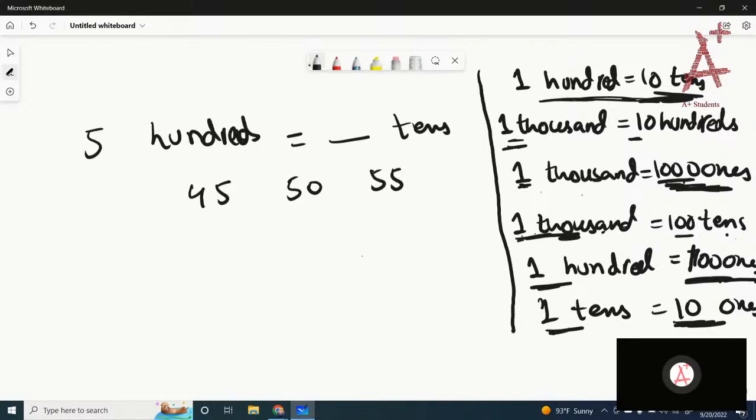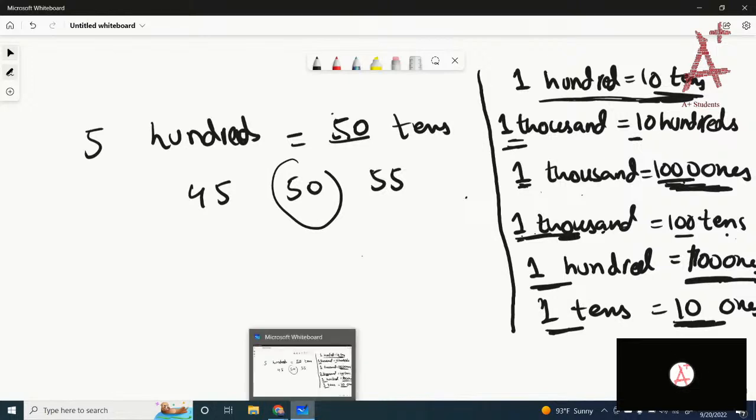So which is the correct option? Yes, you have 50 tens in 500. Got it? Select the correct option, click on the OK button.